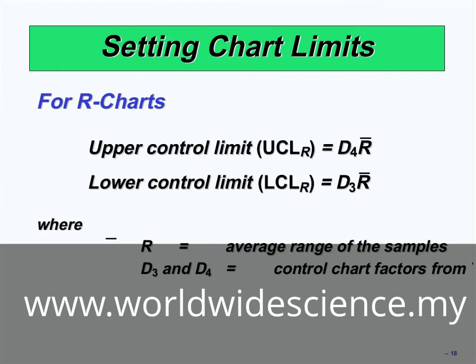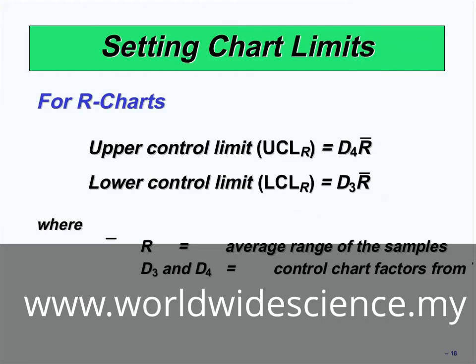In the R chart, for calculating the upper control limit, UCL, and the lower control limit, LCL, we have this formula: UCL equals D4 multiply R bar, and LCL equals D3 multiply R bar. R bar is the average range of the sample, as I told you.